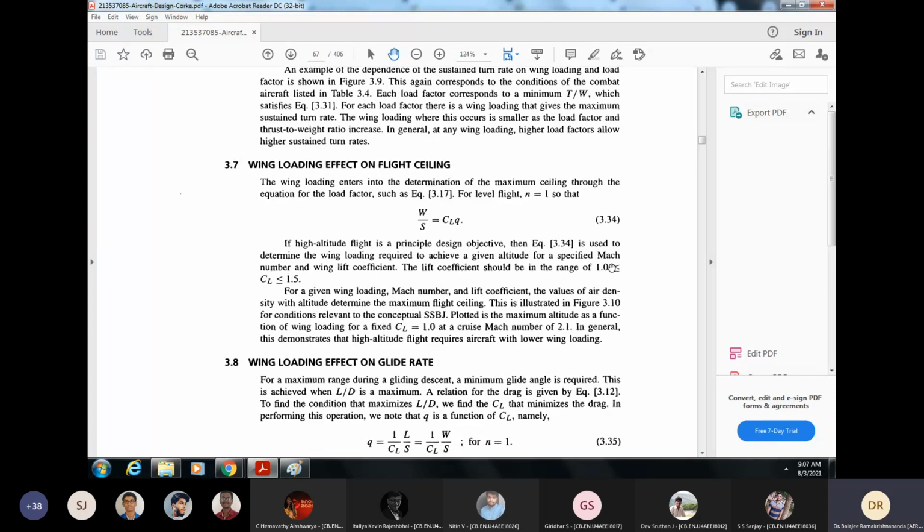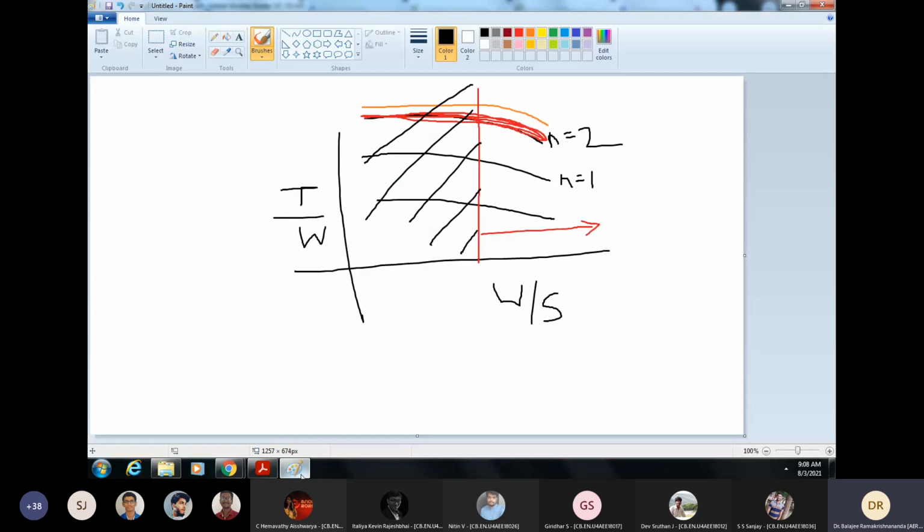Now specified Mach number at wing lift coefficient. So since CL is changing, the wing loading for this will change. Now for ceiling, how it will work is, you look at this expression.